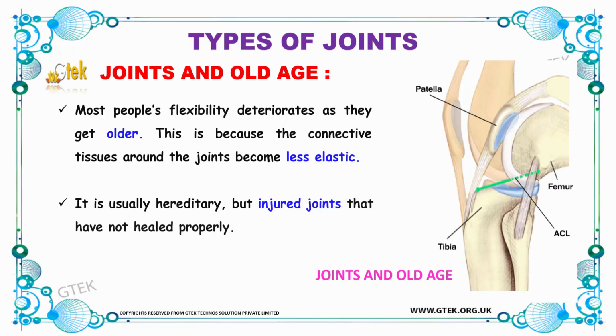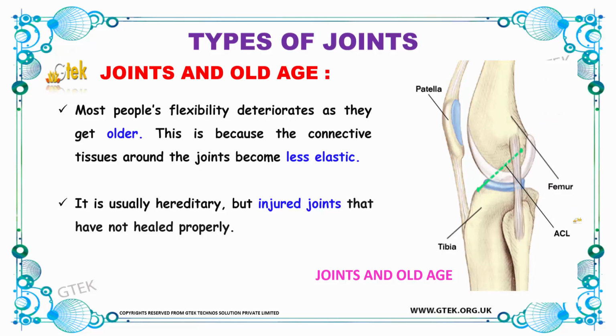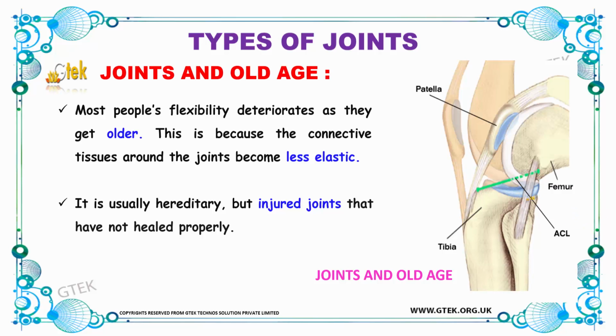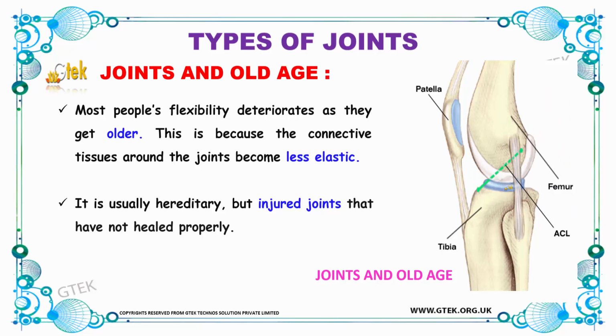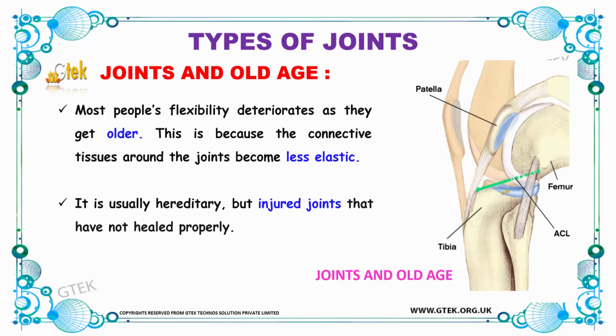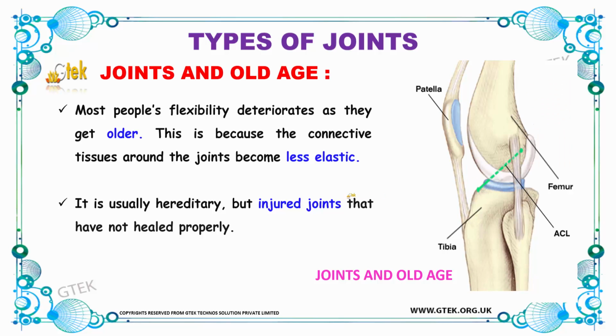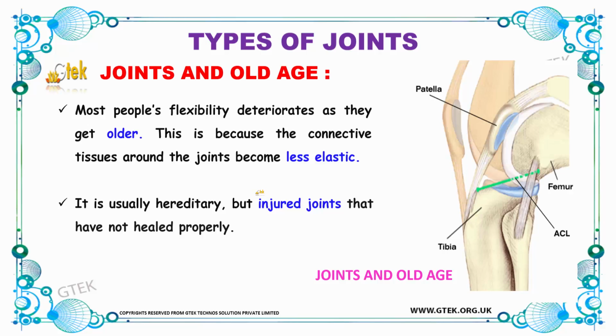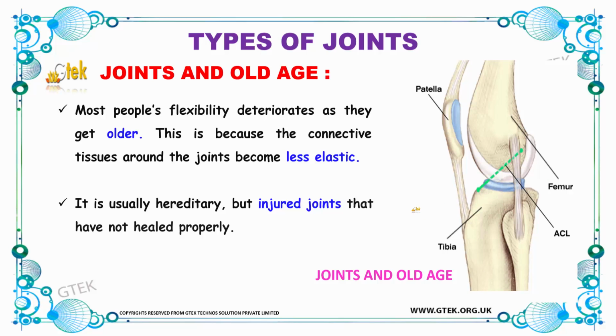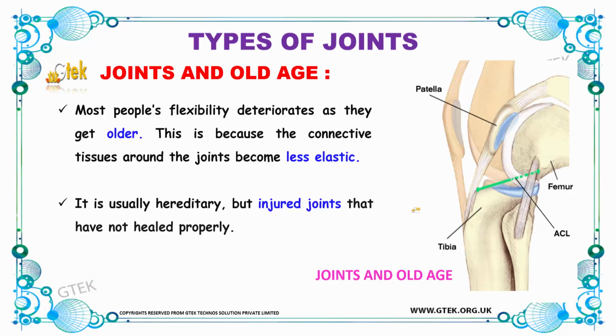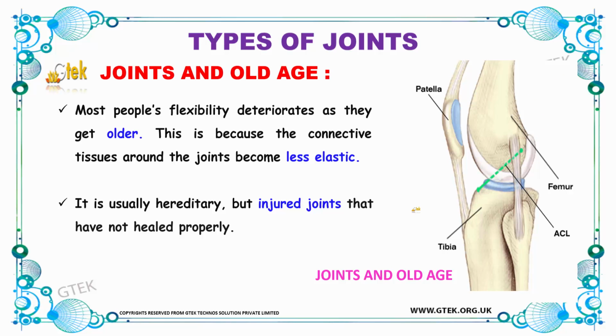This is because the connective tissues around the joints become less elastic, which gives you less flexibility and less movement. It is usually hereditary, but injured joints that have not healed properly will lead to joint problems. So that occurs in old age.